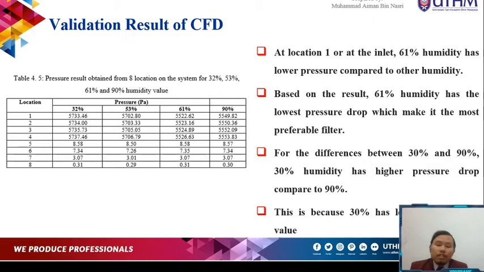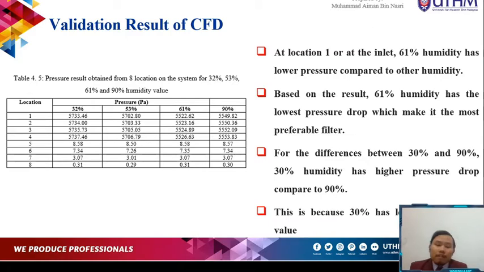For the differences between 32% and 90%, because we want to validate the result with the experimental study, 32% humidity has higher pressure drop compared to 90%.